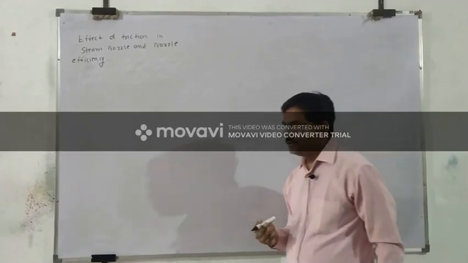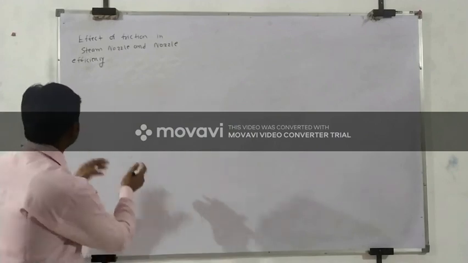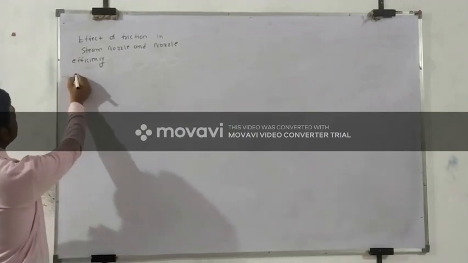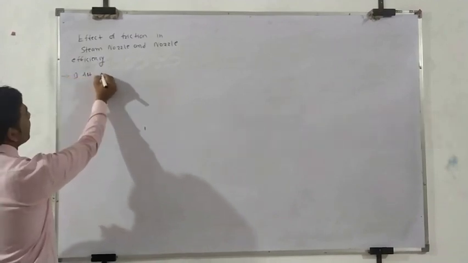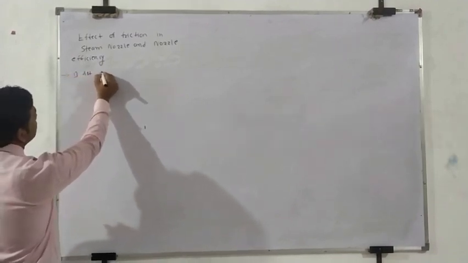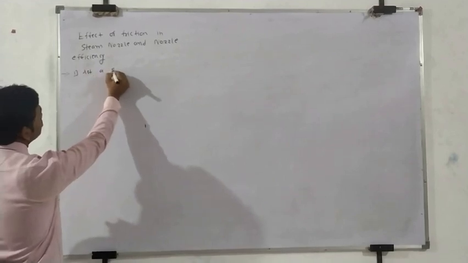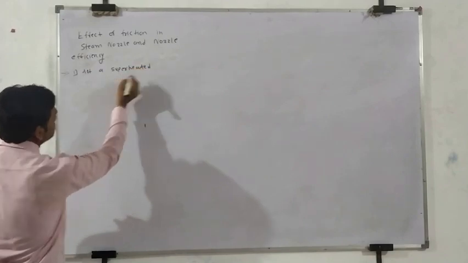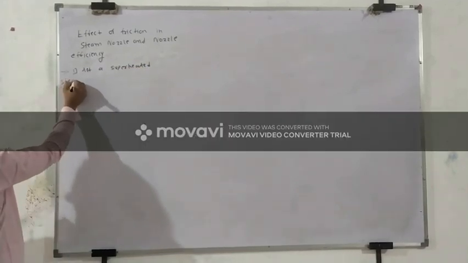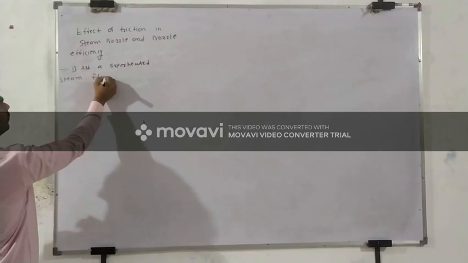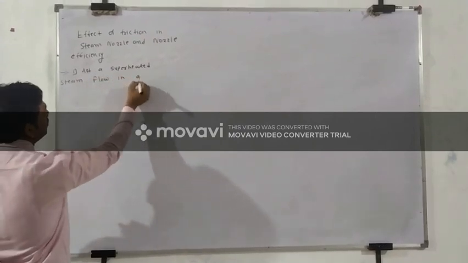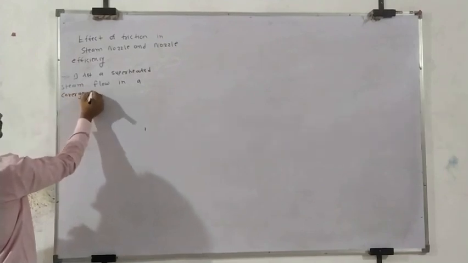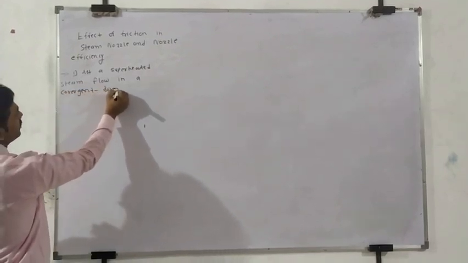So, see the students here. Let us consider the first point: let a superheated steam flow in a convergent divergent nozzle.